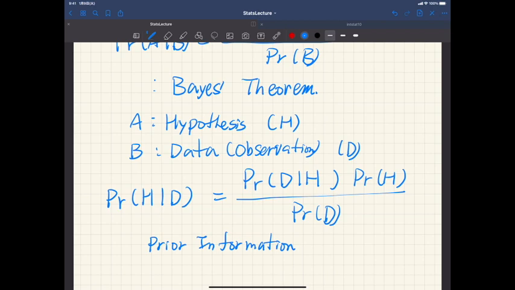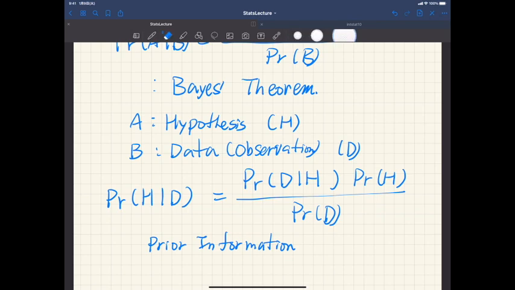We start from some knowledge we already have from previous studies or someone else's experiments or whatever, or even our intuition. All that information can be used to form our hypothesis, right? So actually everything here is conditioned on our prior information or prior knowledge.